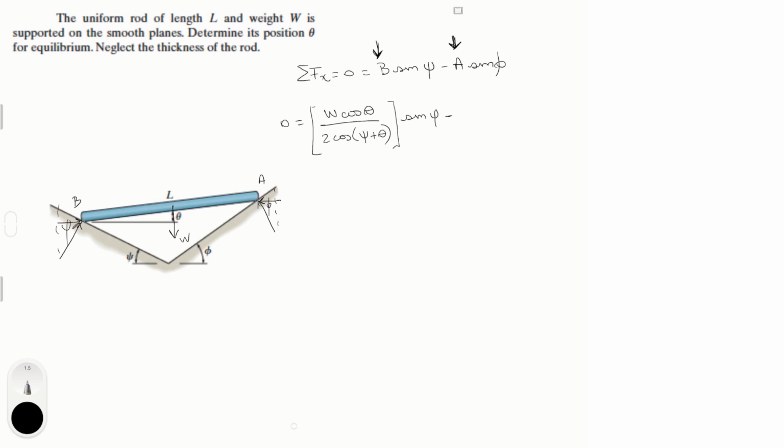And this is for the first term. Let's do the second term, which is A. A is equal to W cosine of theta all over 2 cosine of phi minus theta times the sine of phi.